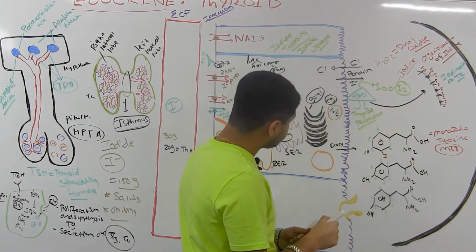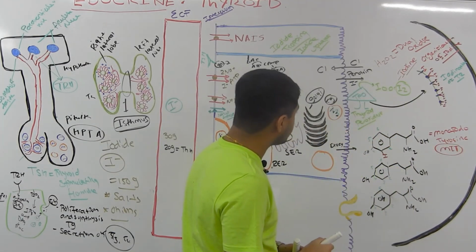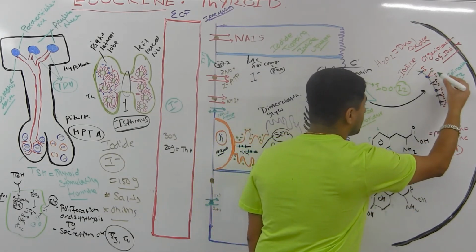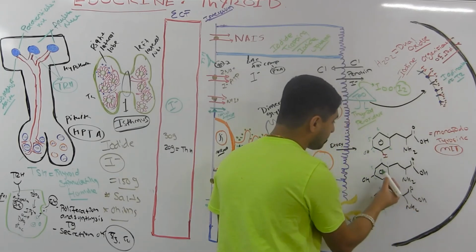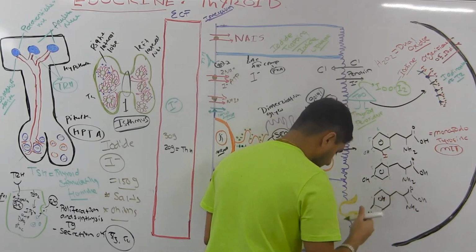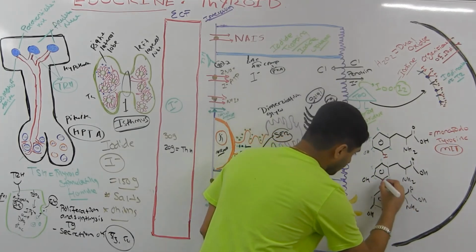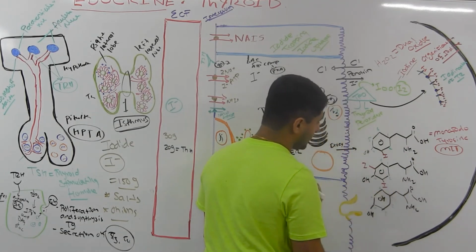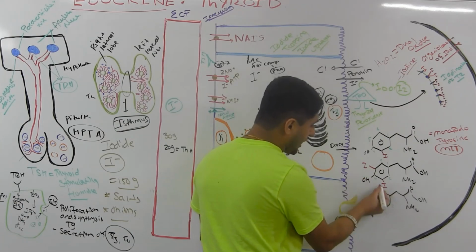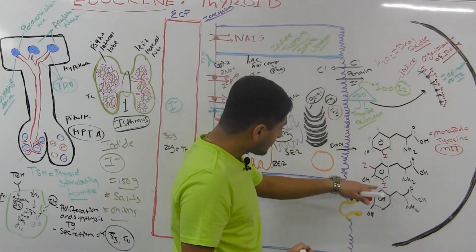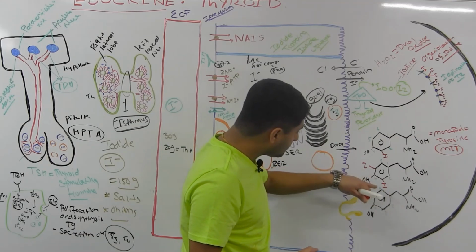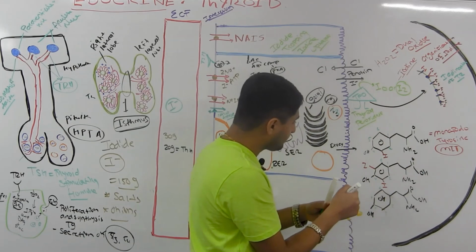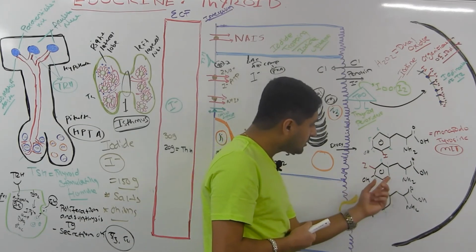Now, not only does TPO do this, TPO also combines 2 I and puts them on the tyrosine residue. So if this is the case, there's a 1 I on the 3 position, and the other one in the 5 position. So it is basically 2 I, the 2 iodines, these iodine atoms. So 2 atoms are coming together and adding onto this tyrosine residue.